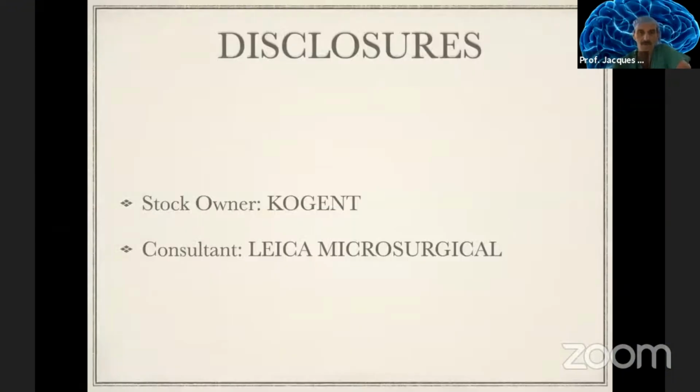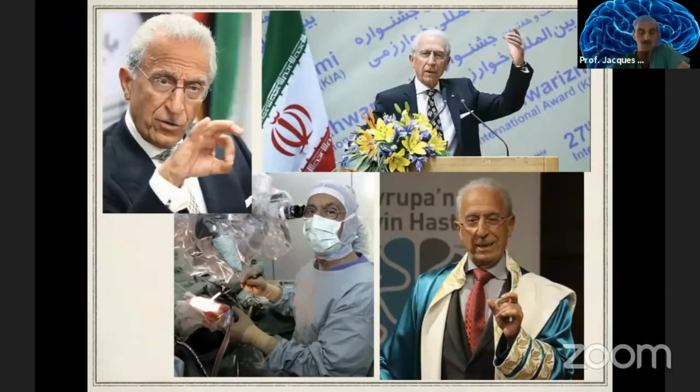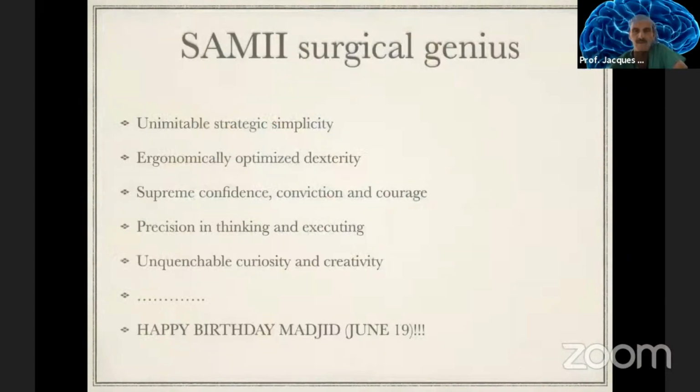My disclosures are irrelevant. I don't need to repeat what has been said about Dr. Sami, but I want you to watch the elegance of his hands, of his fingers. And this is really, what can we say about his surgical genius? I can summarize a few points.